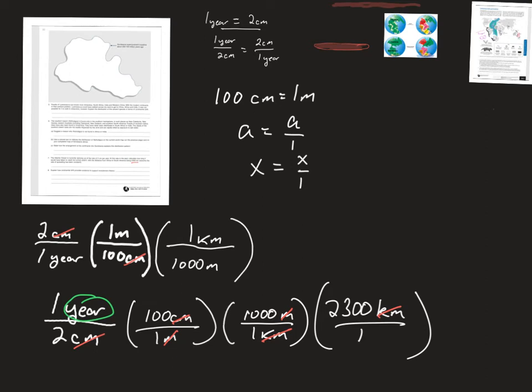So when you do the math, when you take 1 times 100 would be 100, times 1,000 would be 100,000, times 2,300 that would equal 230 million years.